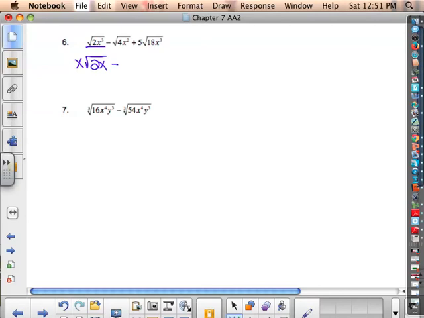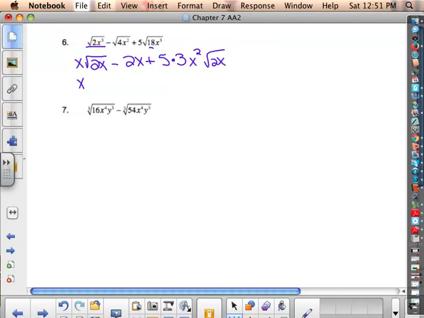The second one, the square root of 4x squared, just becomes 2x. And then the last term, 18 can be rewritten as 9 and 2. Square root of 9 is 3, so 5 times 3, x square root of 2x.